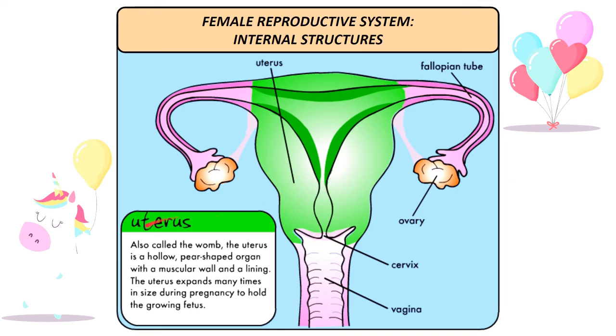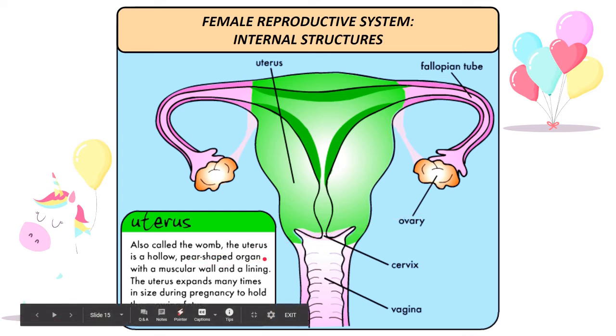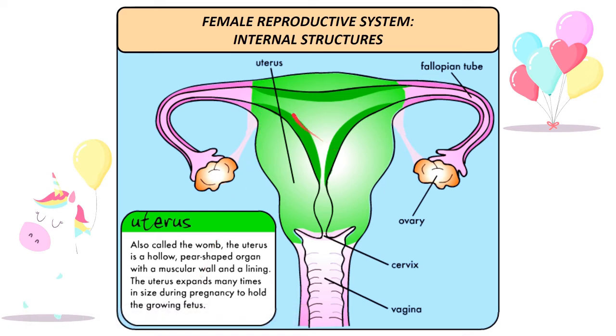Then upward, you have your uterus. This is a pear-shaped organ. Very small, but very muscular. This is also called the womb, and this is where the baby grows during pregnancy. The uterus is very powerful, very muscular, because it can expand many times its original size just to accommodate the growing fetus.